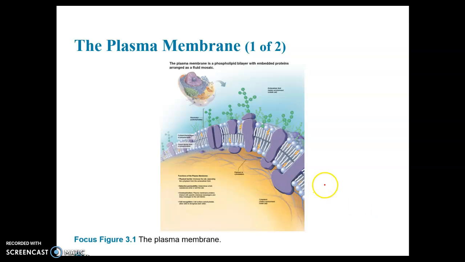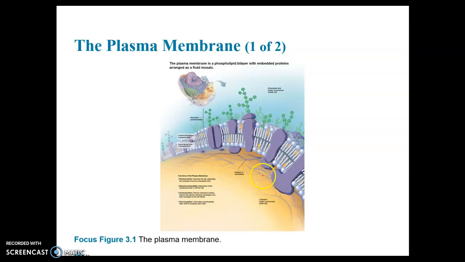And you can see here the phospholipid bilayer is going to be these little round heads that have two tails attached. You have a top layer and a bottom layer. The tails are facing each other, and then the round heads are facing either toward the extracellular fluid or toward the intracellular fluid. But it's a double layer of these phospholipids, forms a phospholipid bilayer.